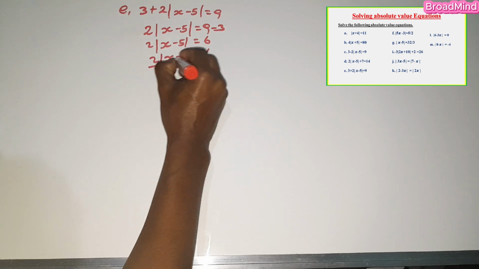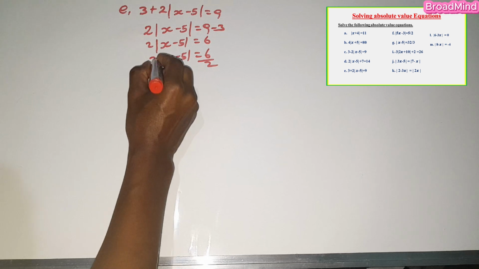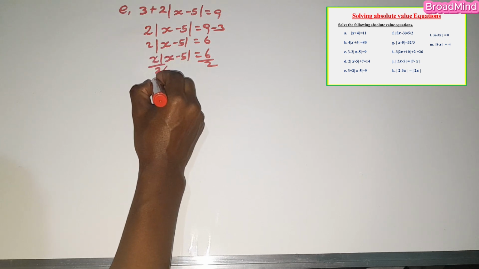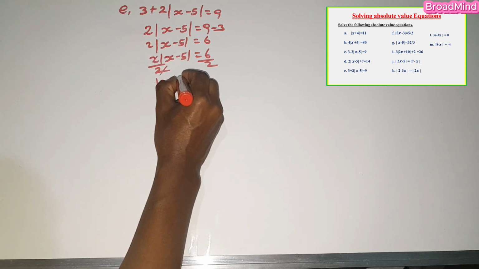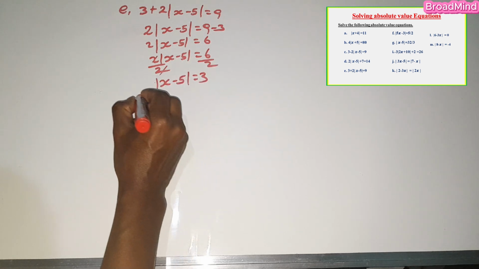Divide both sides by 2, to cancel the 2, then absolute value of x minus 5 is equal to 3.